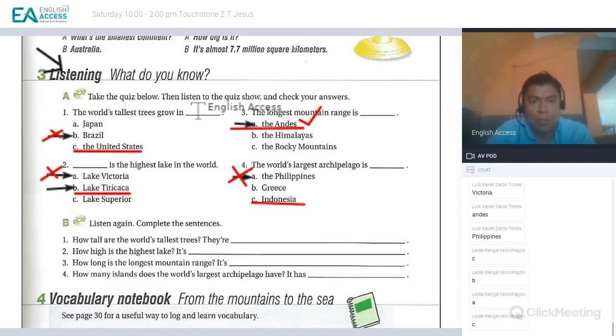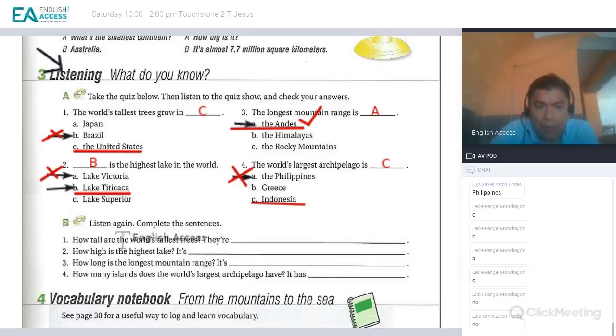So the answer is C. Number 2 is B. Number 3 is A. And number 4 is C. Any questions, guys? I hope not.